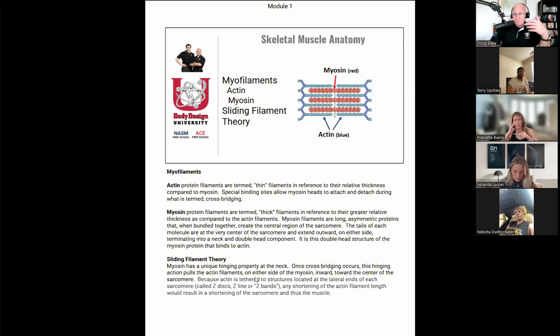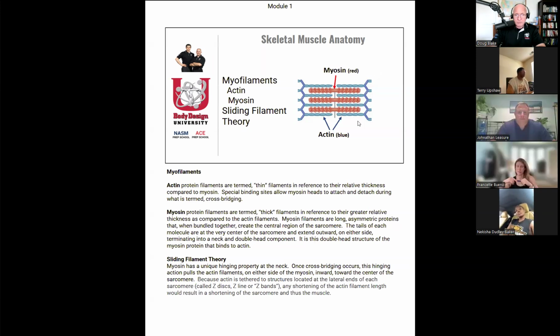I don't want to beat that horse down too much. So the sliding filament theory basically says that actin and myosin filaments engage each other in such a way that actins on either side of the sarcomere, can everybody see me kind of circling around the sarcomere here? Every actin is connected to one side of the sarcomere and the other side, and they're simply pulling the edges of the sarcomere closer, so the sarcomere shortens.